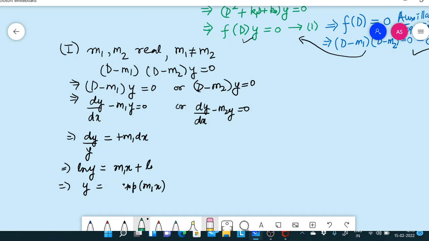I will use variable c to denote the constant of integration. So, c1 is our constant of integration. So, y will be equal to c1 times exponential m1x. Similarly, this equation will be leading us to y is equal to another constant of integration c2 exponential m2x.